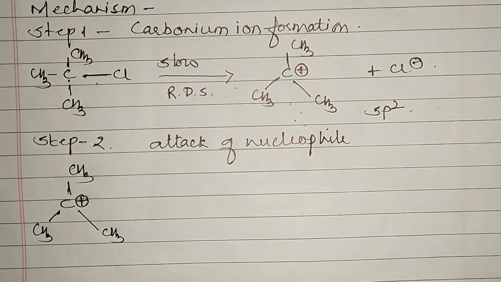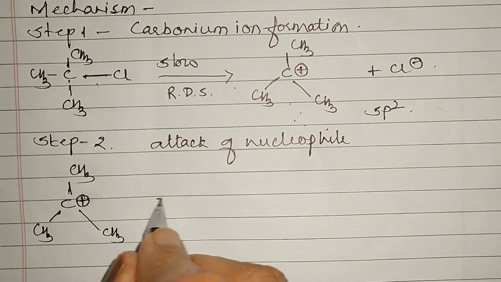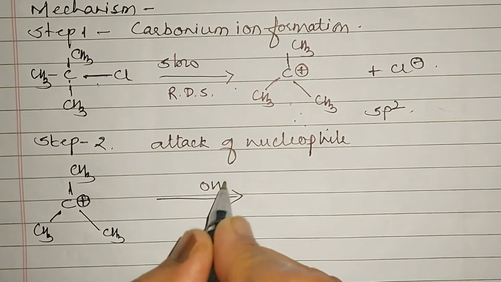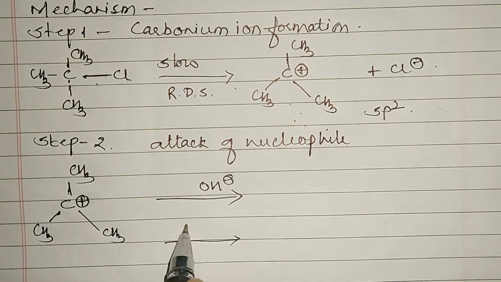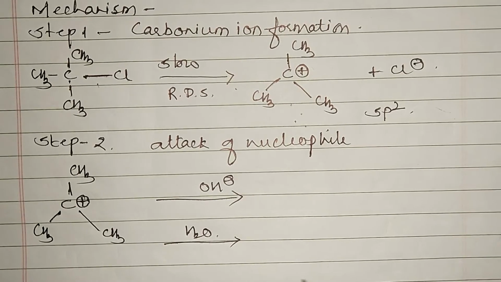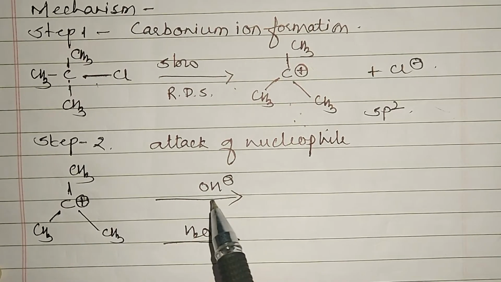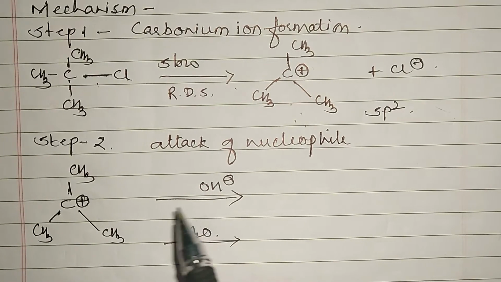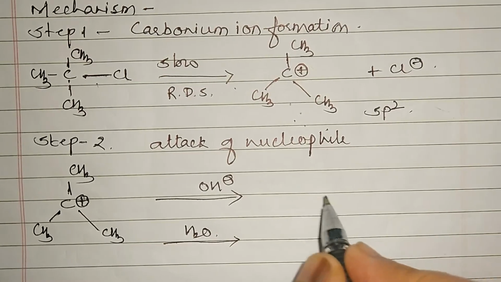This will be hydrolyzed by attack of OH negative, or it may react with H2O. Then it will give the product. This ion is planar, therefore the attack of the nucleophile is possible from both sides of the ion, and we can get a product like this.